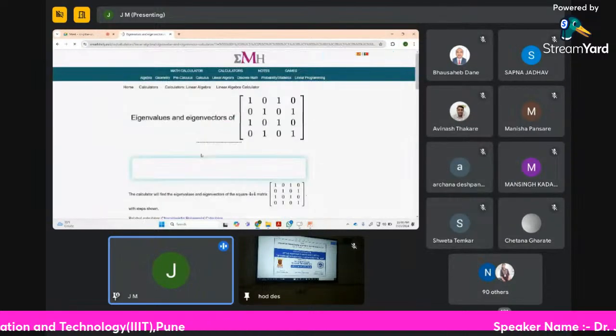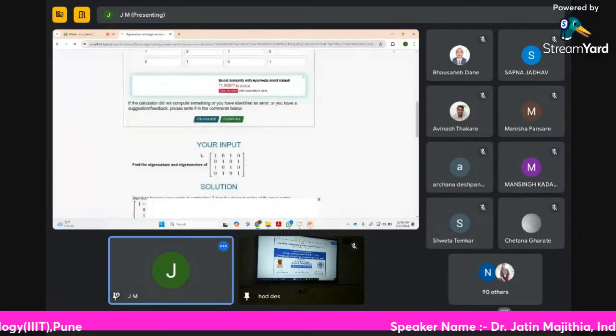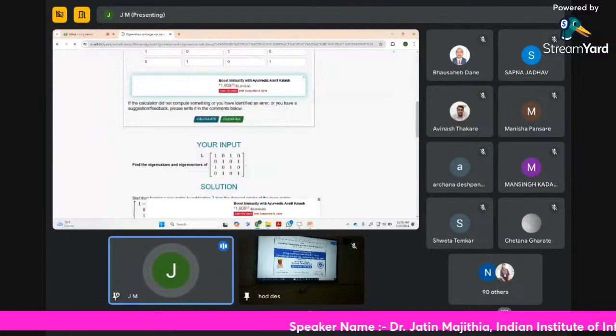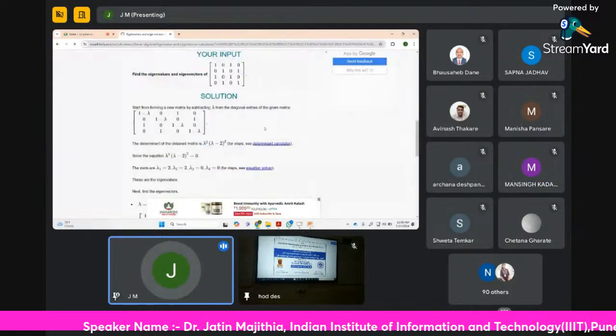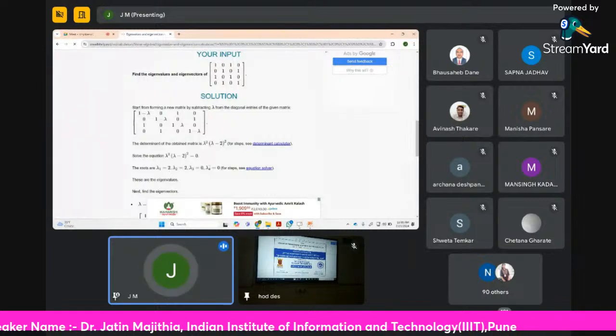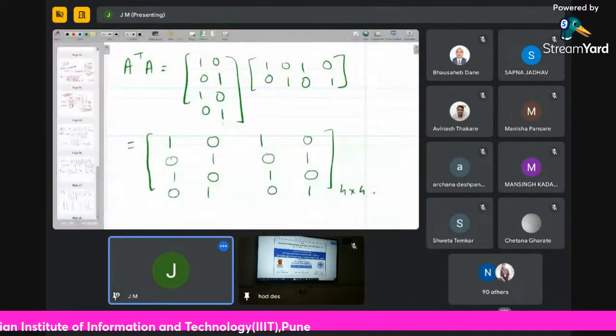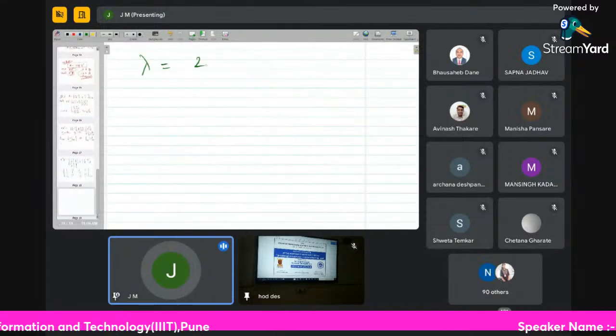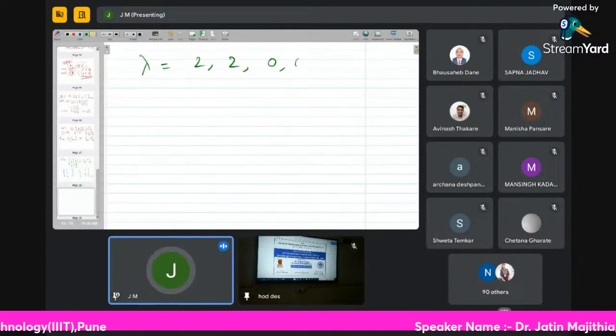Okay, so this was the matrix, and what did we get? We get over here as 2200. So the eigenvalues came out to be, my lambdas, they came out to be 2200.